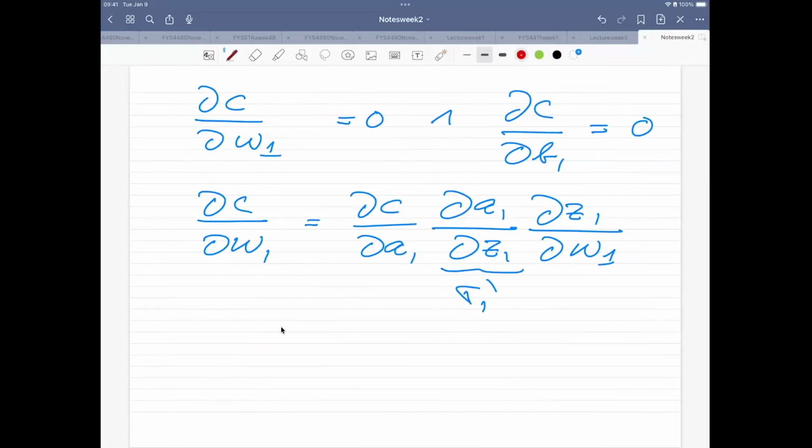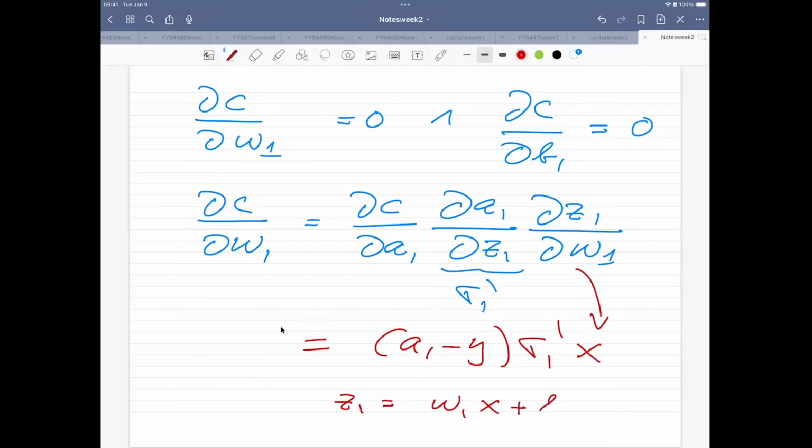And this derivative is nothing but A1 minus Y, the target value, times sigma 1 derivative, multiplied with X, which is what we have here. You can see that because Z1 is given by W1 times X plus B1. So that's the first derivative.